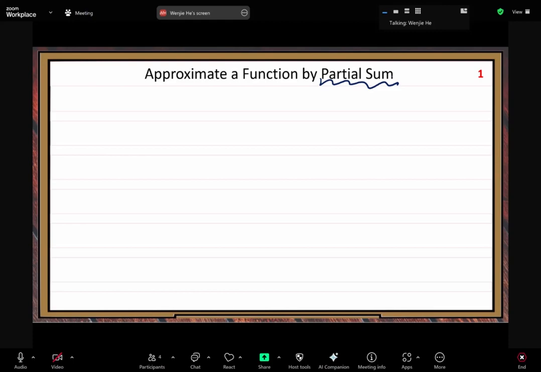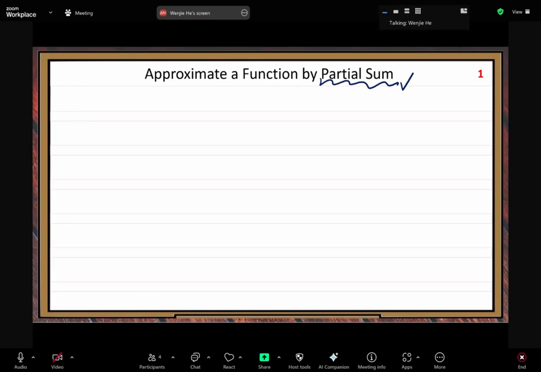So how to make it easier to control? We take the partial sum, with finitely many terms, so we do not need to worry about convergence. We have the formula covering all the terms. That's easy to handle. All right, so let's start.